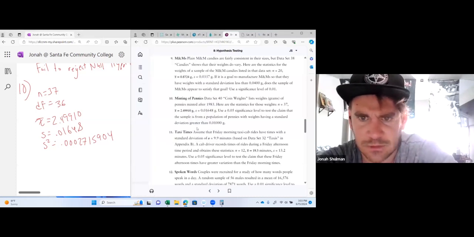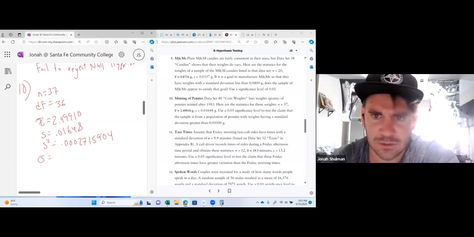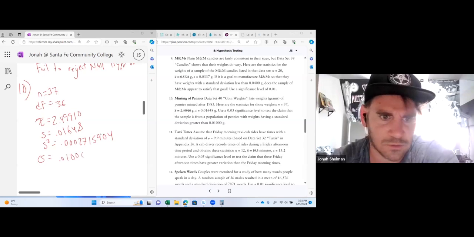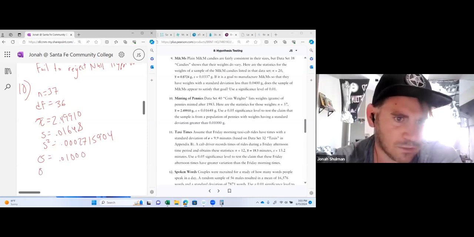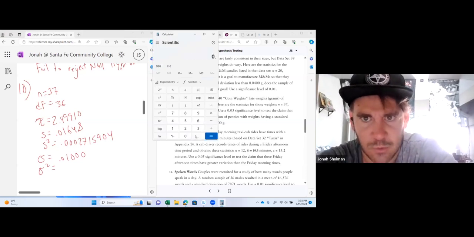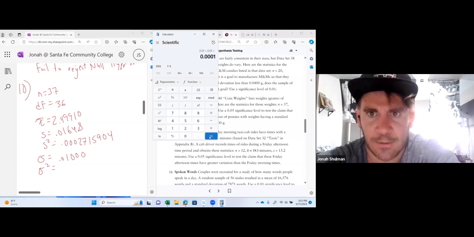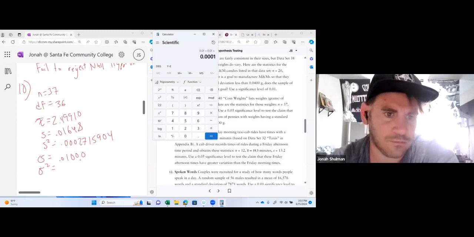And the sample standard deviation is greater than, so this standard deviation is 0.0100, so I have to square this. I believe it's just going to move one decimal place. 0.01 times 0.01 is 0.0001.